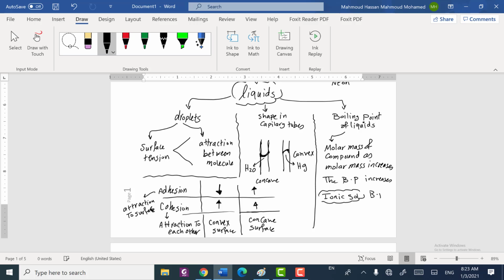Boiling point depends on the number of moles of ions. Like in the case of NaCl, the water produces 2 moles of ions, one from the sodium and one from the chlorine.